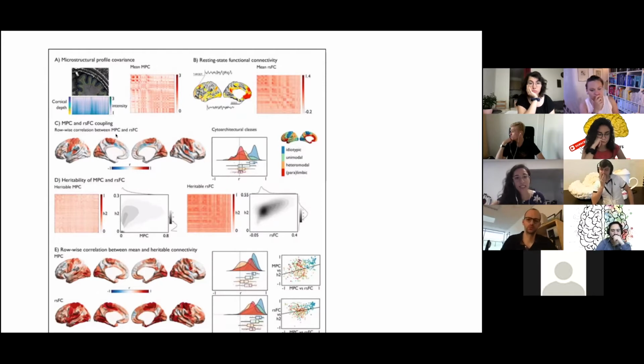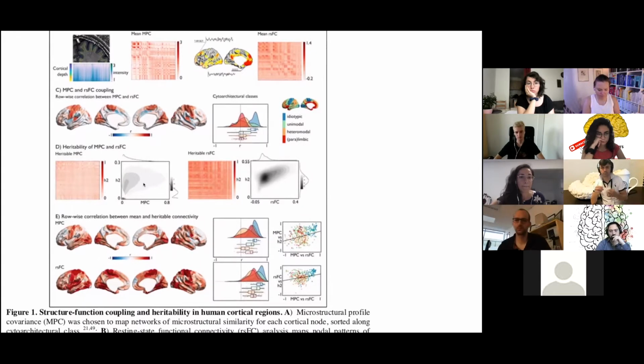And they have seen that we have the highest correlation for unimodal systems, while we have weaker correlation for transmodal systems. Here are the cytoarchitectural classes of the system. It goes from idiotypic to unimodal, heteromodal, and paralimbic.